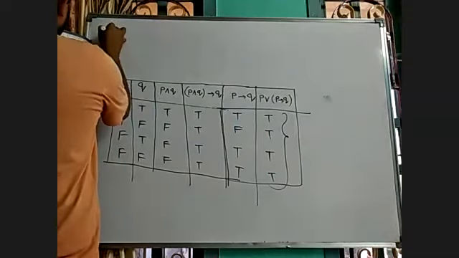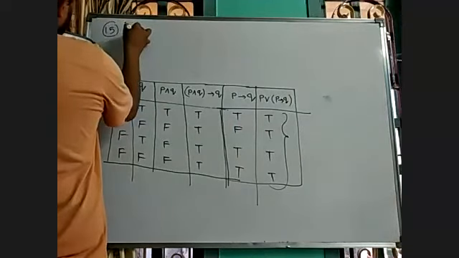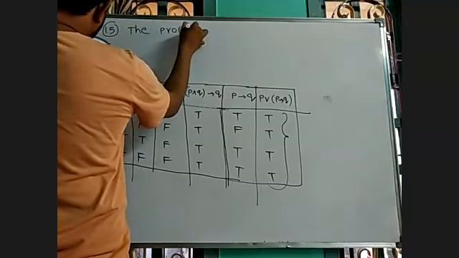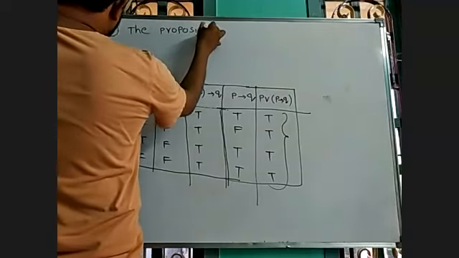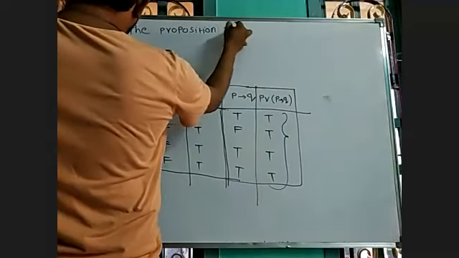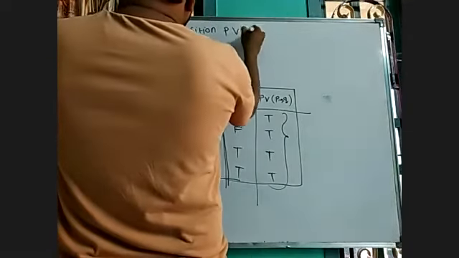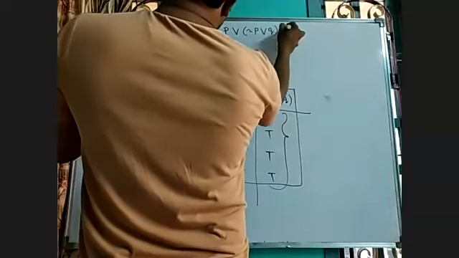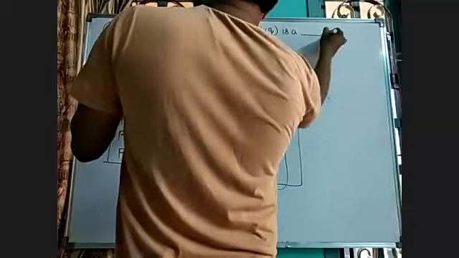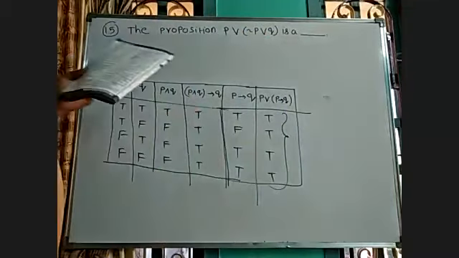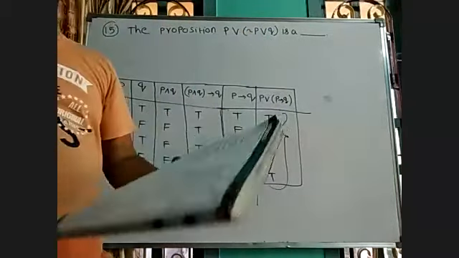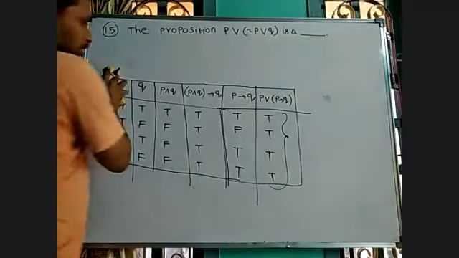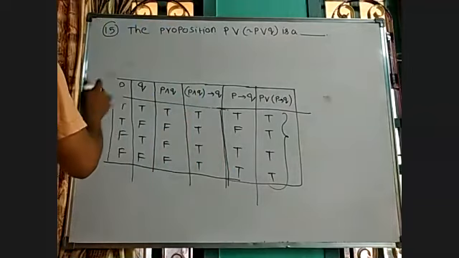Question number, the proposition P, negation of P or Q, is a what? Tautology. Option 1 tautology, contradiction, logically equivalent to P and Q, both 1 and 2. They gave the options. First you check it. Okay, so what can we do?